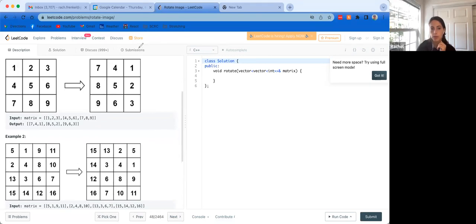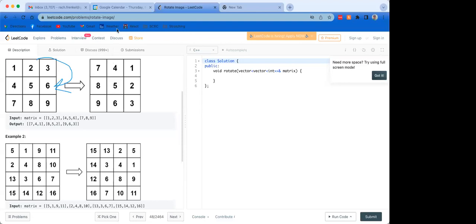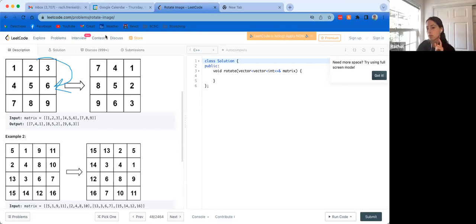So it's just going to go here. So it's like changing rows to columns, yeah? It looks like that. We'll talk about the solution in a bit, but I just want to make sure you understand the problem. Okay. So this is the thing that we're trying to solve.